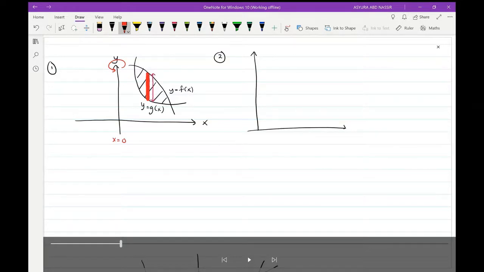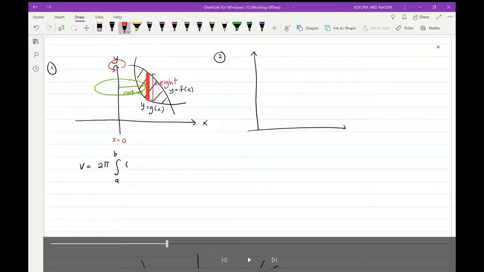Okay, next. So the strip is your height in your formula. Continue next. So what about the radius? The radius will be the distance between the strip and the rotation line. So the formula is given by 2 pi, the integral from a to b.